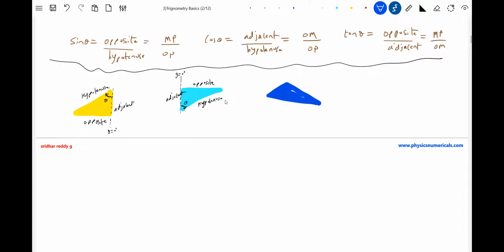Look at how the orientation is now a little bit different. So this is the 90 degrees. This is theta. None of the sides are vertical or horizontal. In that case, this will be opposite. This is the theta equal to 0 degree line, the arrow. This is adjacent.